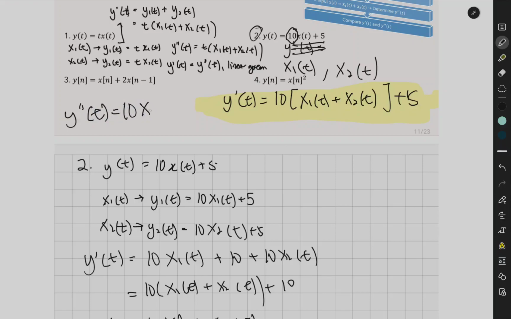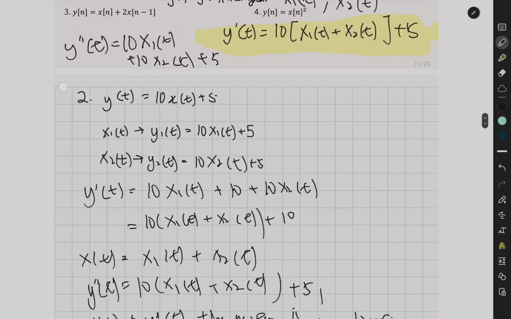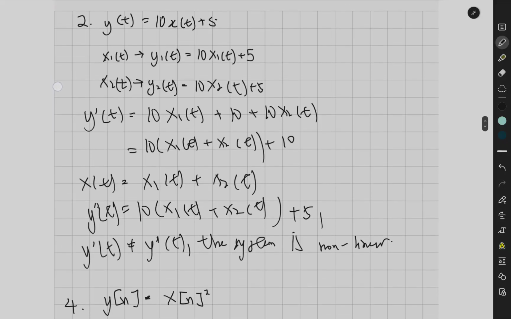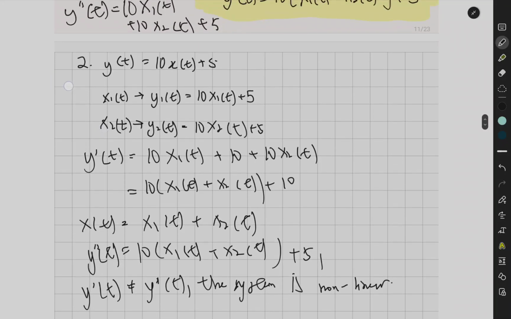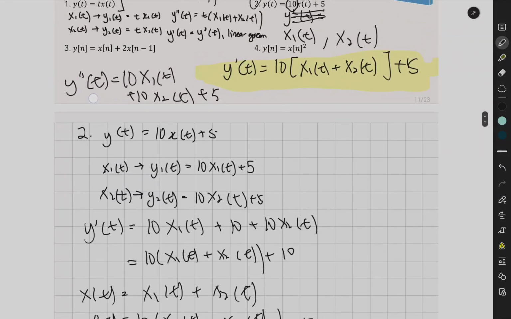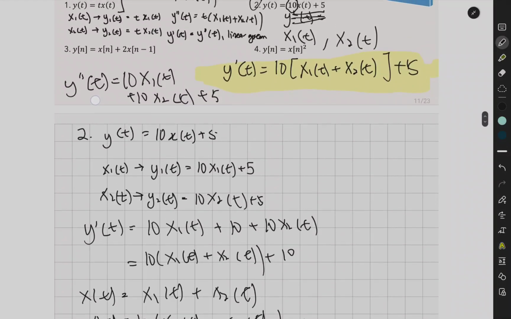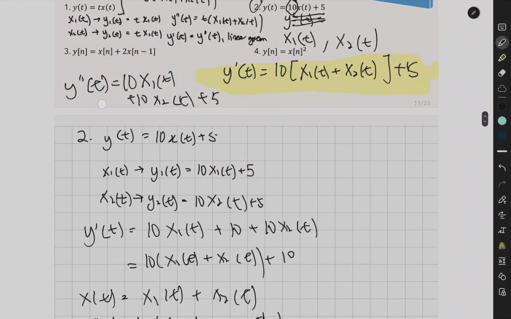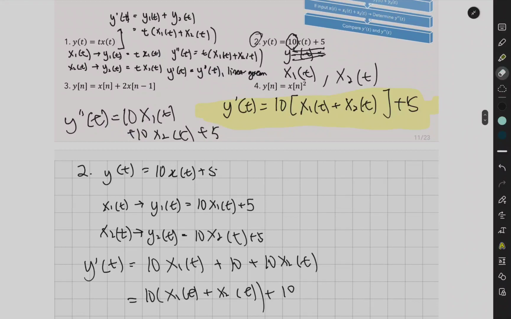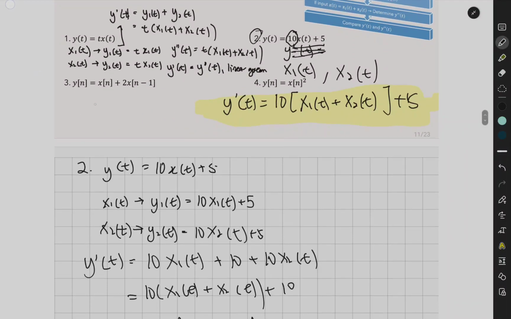Okay, so to make it a parallel input, we need to separate 10x1t plus 10x2t, plus 5. So when the system goes to a parallel connection, how does it look?